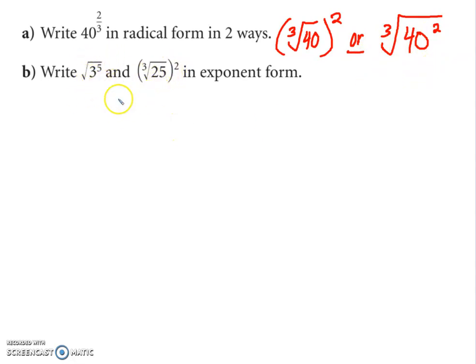And then in terms of writing this as exponents, remember, the exponent is the numerator and the index of the radical is the denominator. So we have an exponent of 5 and the radical is a square root. So this would be 3 to the 5/2. And in this case, we have an exponent of 2 and an index of 3. So that's the same as 2/3. So we have 25 to the power of 2/3.